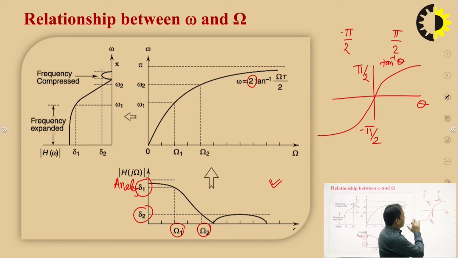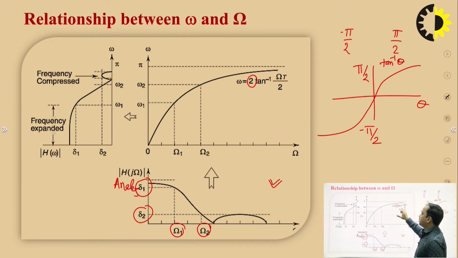This tan inverse function is quite important here: in this particular range of theta, the curve increases like this, and for higher values of theta, there is very little variation in the angle. So we are plotting a curve between the digital frequency omega and the analog frequency Ω.